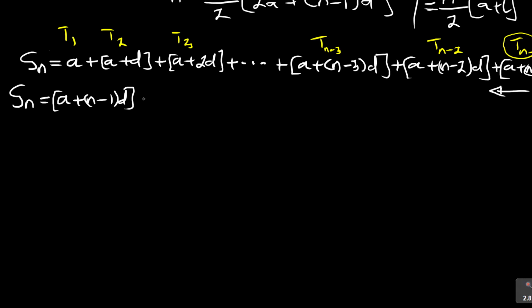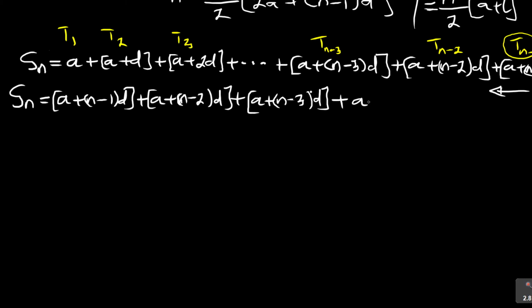Then the second one is plus (a plus (n minus 2)d), plus (a plus (n minus 3)d), and then plus (a plus 2d), plus (a plus d), and then plus a.